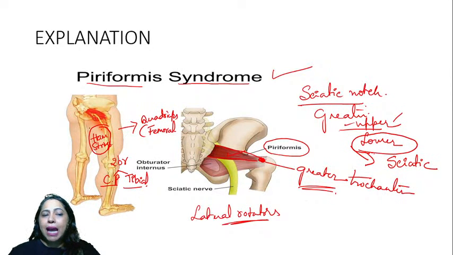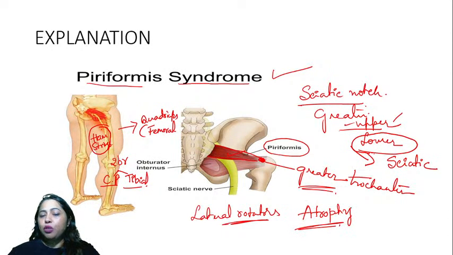Now when the sciatic nerve is compressed, it sends pain radiating down the back side of the thigh, the back side of the leg, and up to the underside of the sole of the foot as well, because it is supplied by the same tibial nerve, the continuation of the sciatic. Because the piriformis presses upon it, the muscles supplied by the sciatic nerve will also undergo atrophy.